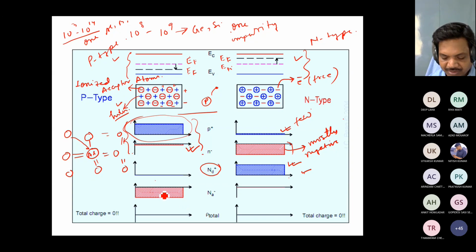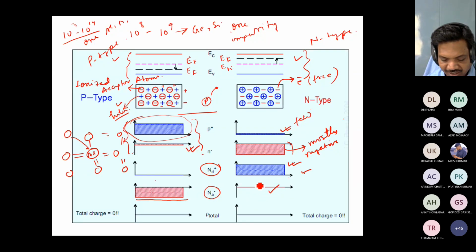Now in p-type semiconductor, the negatively ionized acceptor atoms are distributed uniformly throughout the p-type semiconductor, and that's why it is uniformly distributed like this. And look at this, in the n-type semiconductor there are no negatively ionized acceptor atoms, and that is indicated here.